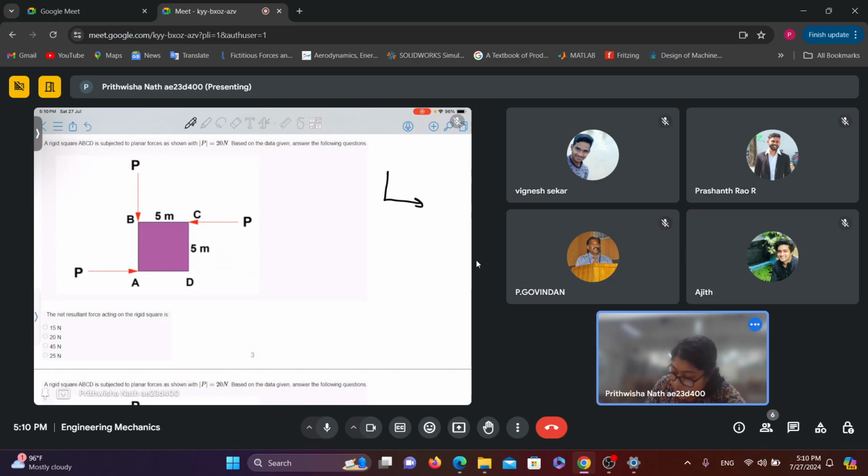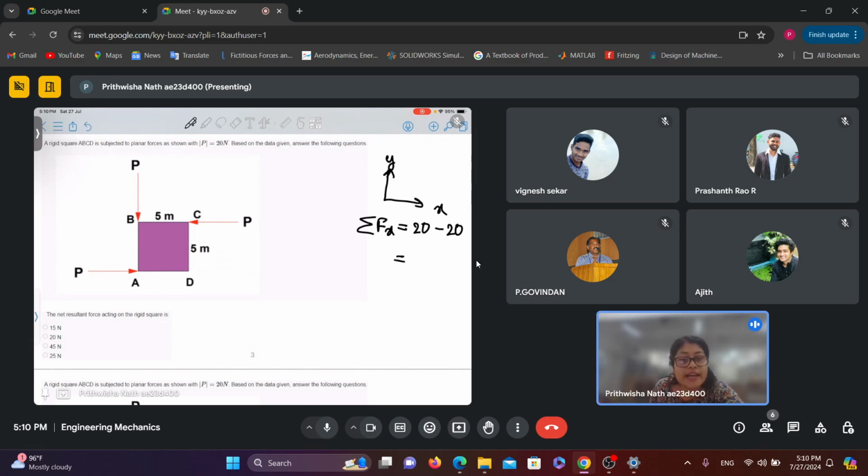Let me assume this is my coordinate system. If I write the summation of force in the x direction, the force acting at point A can be denoted as plus 20, and the force acting at point C is minus 20.